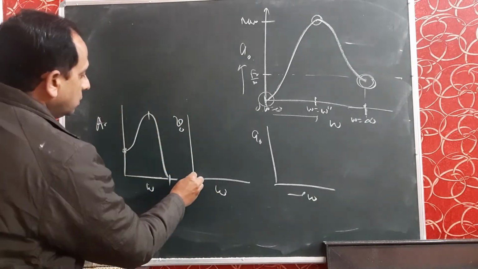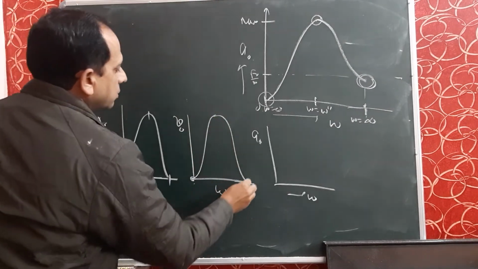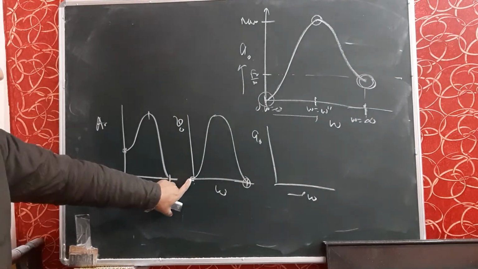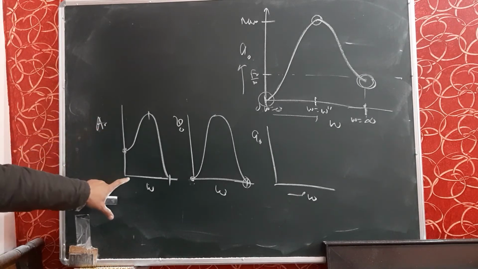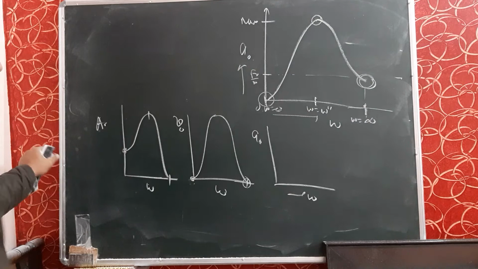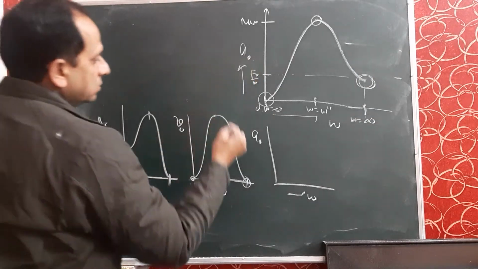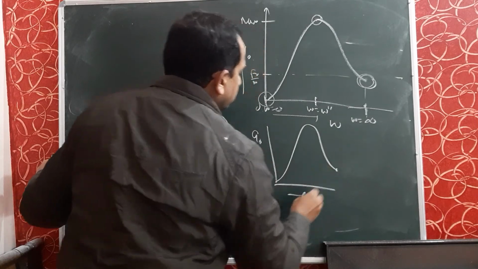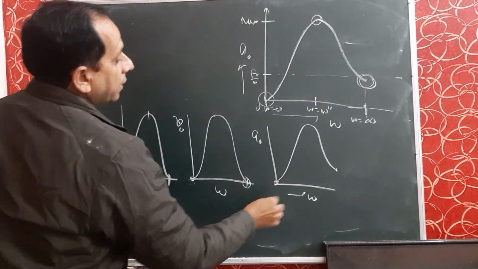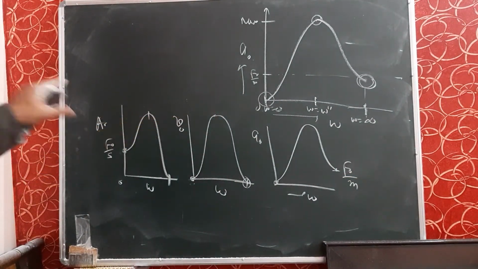In case of velocity, the graph starts from 0, reaches a maximum value, and then finally reaches 0. It starts and ends both at 0. But in case of displacement, it starts from the finite value f naught by s and ends at 0. And in the third case, acceleration, the graph starts from 0 and ends at the finite value f naught by m. So three types of graph we have observed in this article.